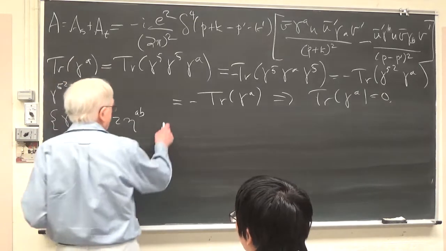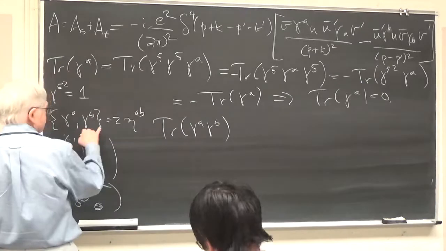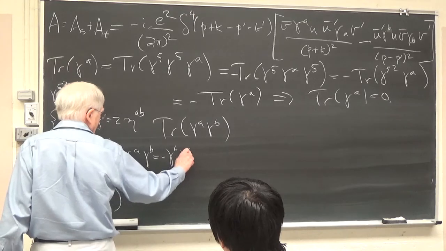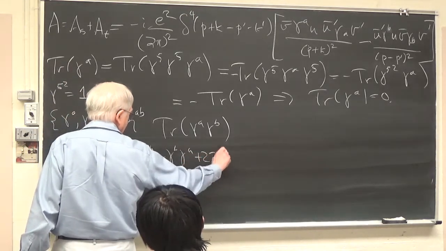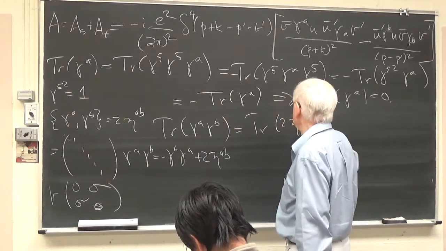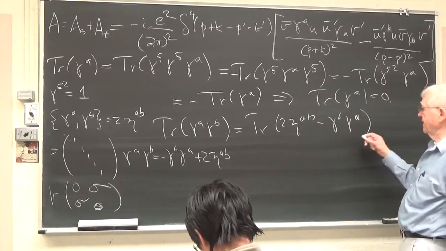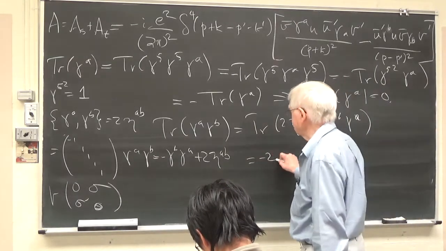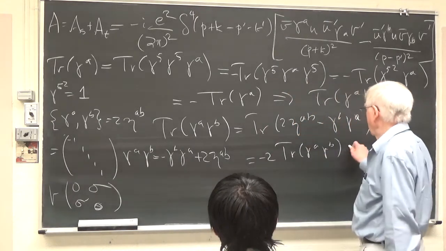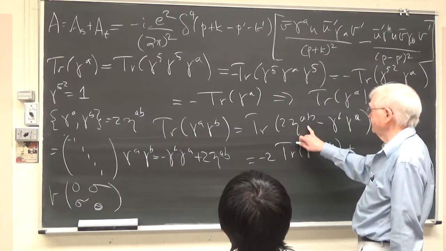The trace of two gammas, well, we use this relation which tells us that gamma A, gamma B is equal to minus gamma B, gamma A plus 2 eta AB. And so we can write that as trace of 2 eta AB minus gamma B, gamma A. But the trace is cyclic, so this is minus the trace of gamma A, gamma B plus 2 times the trace of eta AB.